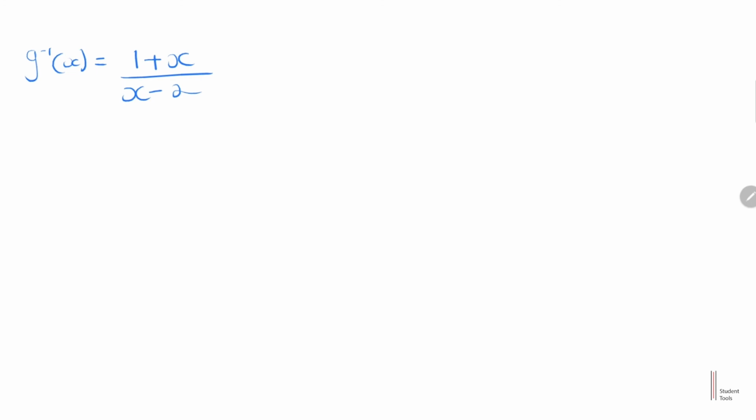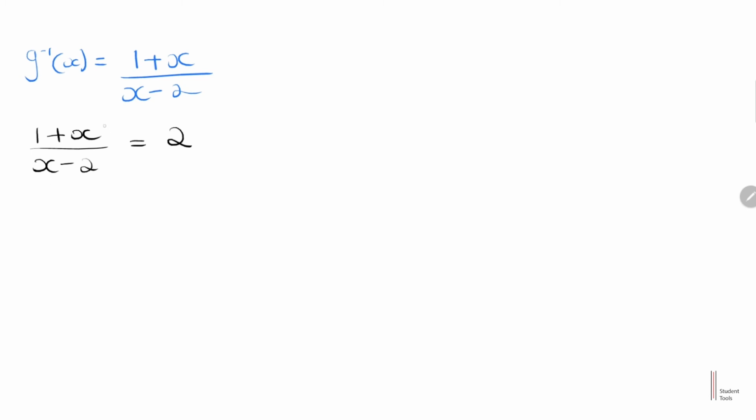All right, so we want the value of x whereby this inverse is equal to a positive 2. So the next step will be 1 plus x over x minus 2 is equal to a positive 2. So to solve for x here, we'll first get rid of the denominator.